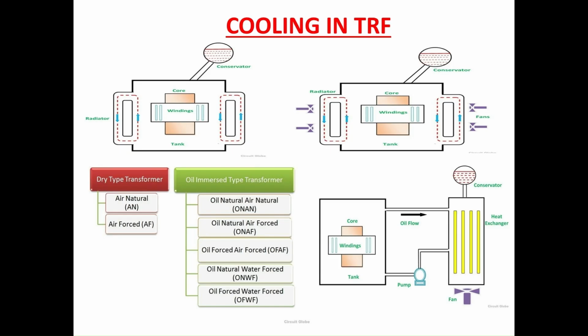I mean, the rating may be less, then we can go for ONAN. If it is an ICT or auto transformer, then the heat and energy that has to be cooled and the transformer oil that has to be cooled, we go for ONWF or OFAF depending on the requirement and the loading capacity.